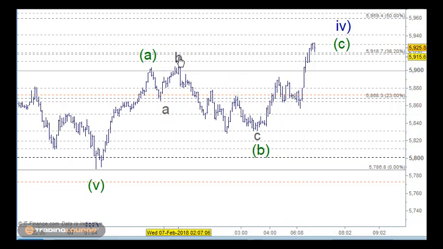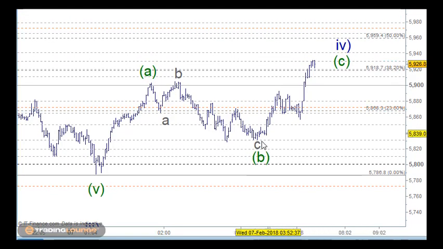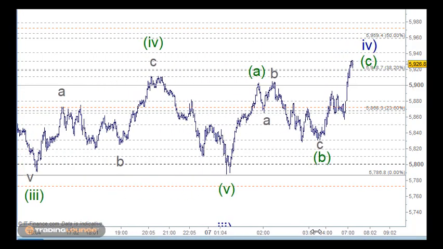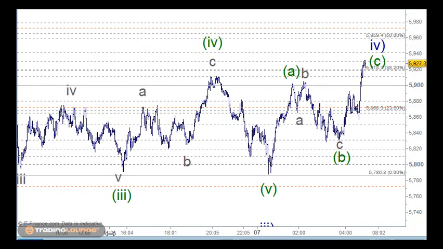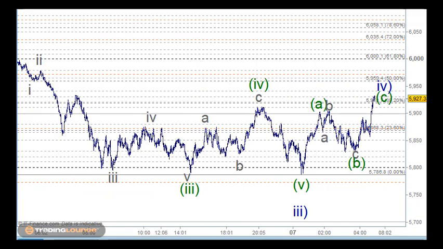Sometimes when they're all quite clear, it's good, but this looks like it's still got further to go up. You can start to see the 5 waves up there. Let's just grab a few of those to look at that.